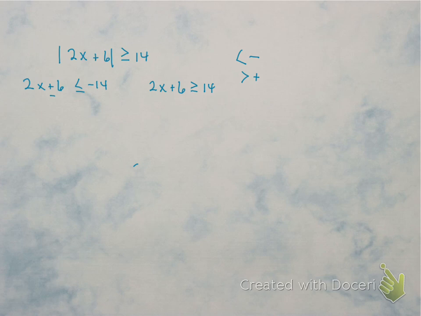Okay, subtract 6 from both sides, and we get that 2x is less than or equal to negative 20, and x is less than or equal to negative 10. Likewise, subtract 6 from both sides and get that 2x is greater than or equal to 8, and x is greater than or equal to 4.